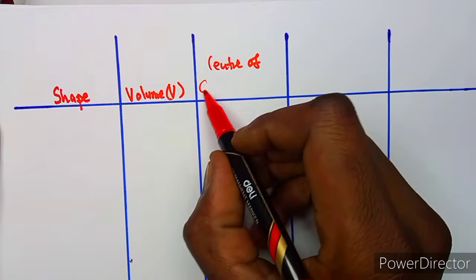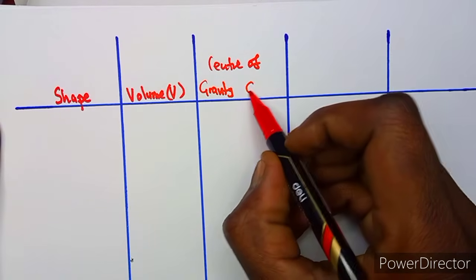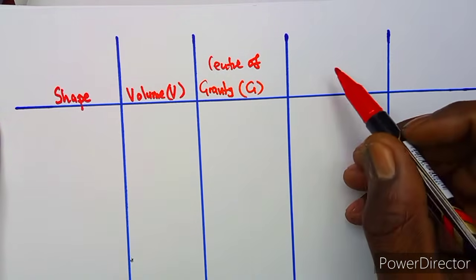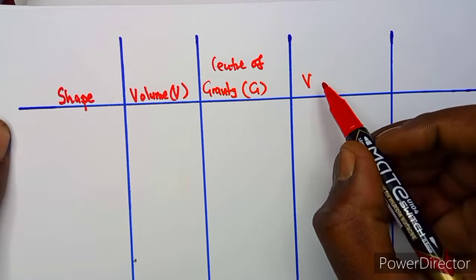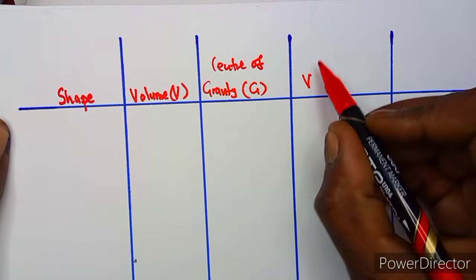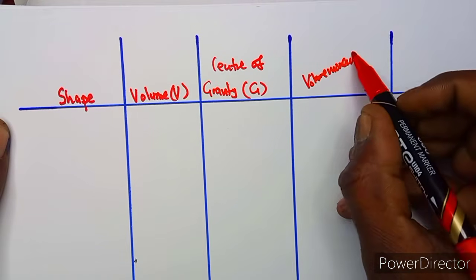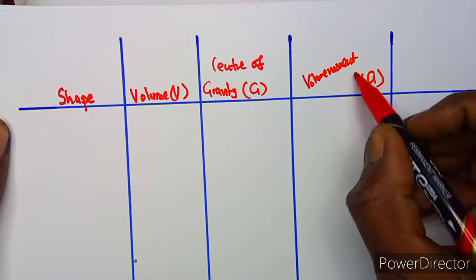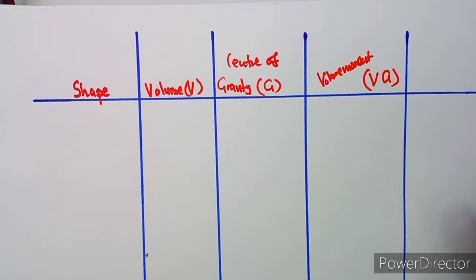So let's write the center of gravity as G. And we are going to have our volume moment here, so we can write it as VG. And what about this column? It's just an extra one, we can maybe utilize it for our calculations.